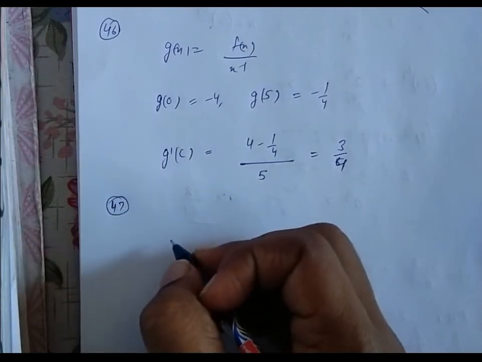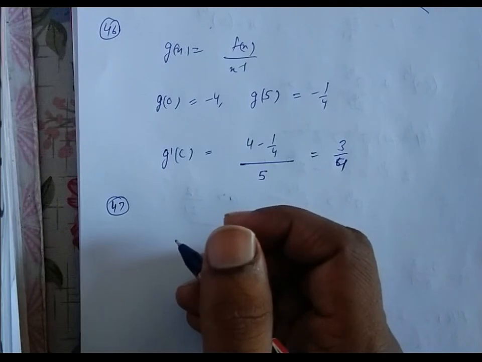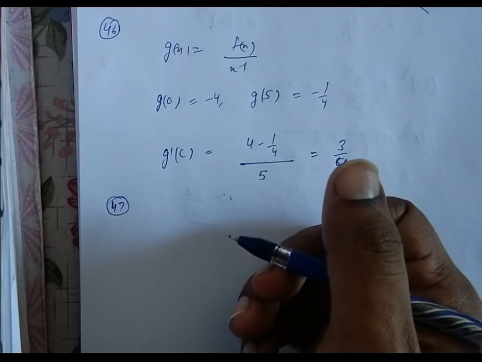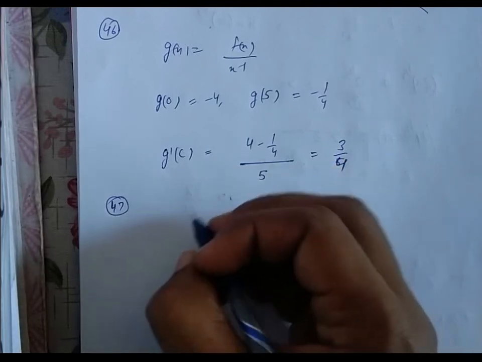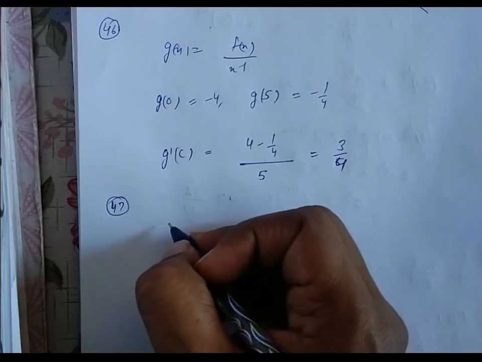So, using Rolle's theorem to find the condition for the polynomial equation fx is equal to 0 to have a repeated real root. Okay. So if there is a repeated real root, then fx and f dash should have a common root.